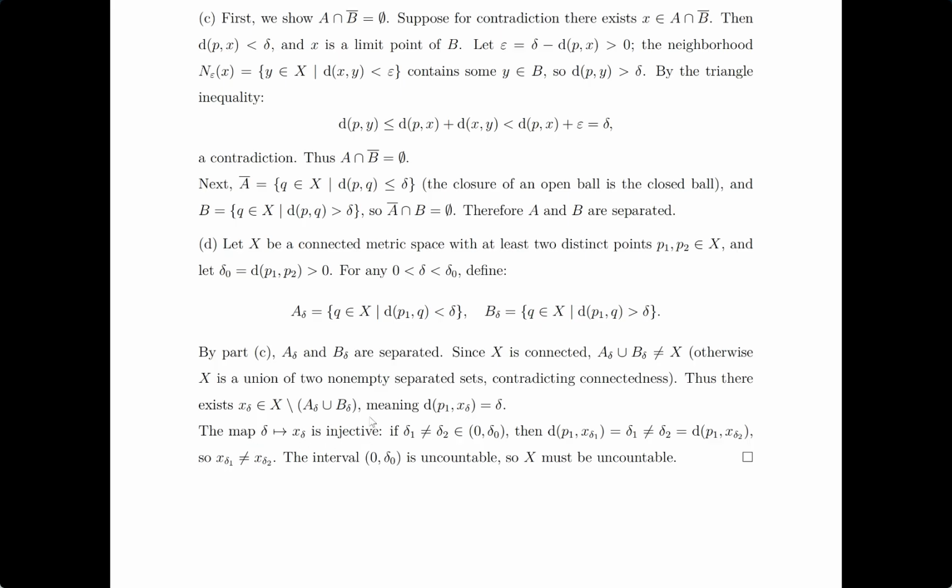So the map is injective, and yes, we found the injective map. The open interval 0 to delta 0 is uncountable, so X must be uncountable. That's all my solution. Thank you.